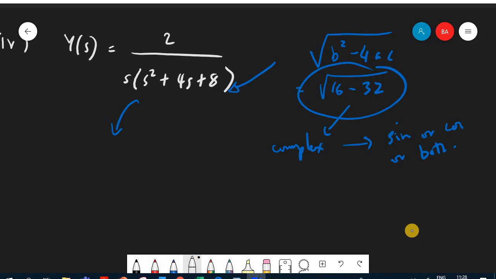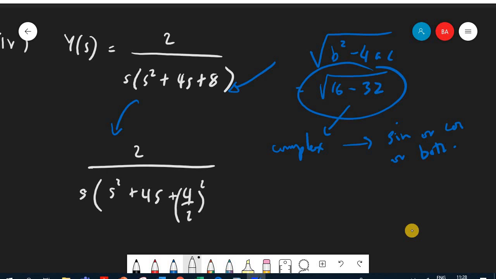If you want to do this quickly, that will be s squared plus 4s, and this 4s, if you remember, we take half of it, so it's 4 over 2, the whole thing squared. Okay, so to be like that, 4 over 2, the whole thing squared, and we subtract 4 over 2, the whole thing squared, and then we have plus 8.